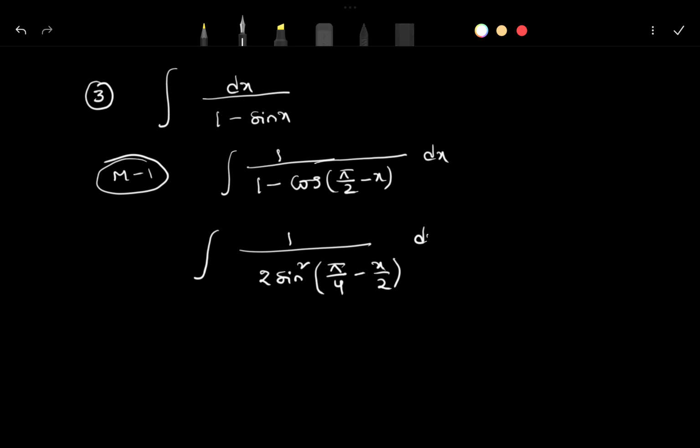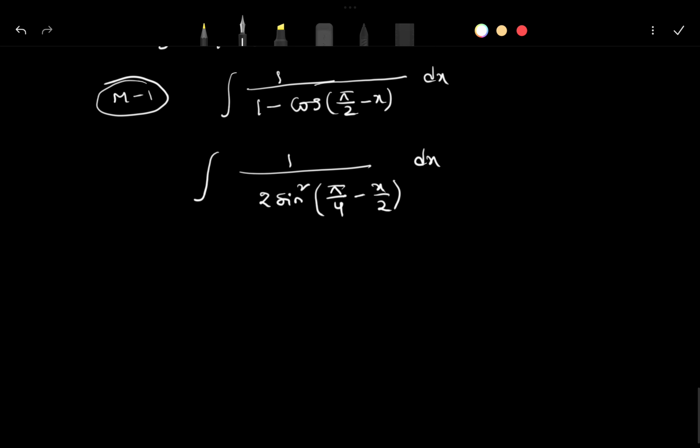Into dx. Now this one you can write as 1 by 2 into the integration of 1 by sin² of pi by 4 minus x by 2, which is cosecant square of pi by 4 minus x by 2 into dx.